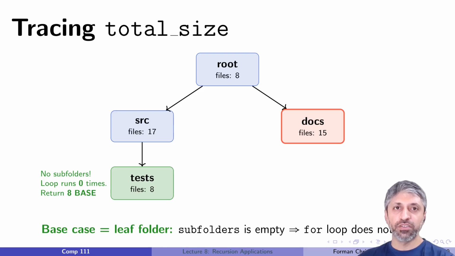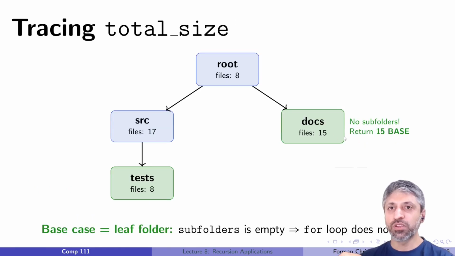And tests has only files, it has no subfolders at all. So the loop that we saw in the previous slide runs 0 times, which means that no further recursive calls are made. So we immediately return the total size, which in this case is the count, since we are counting the number of files, and go back to the previous call.